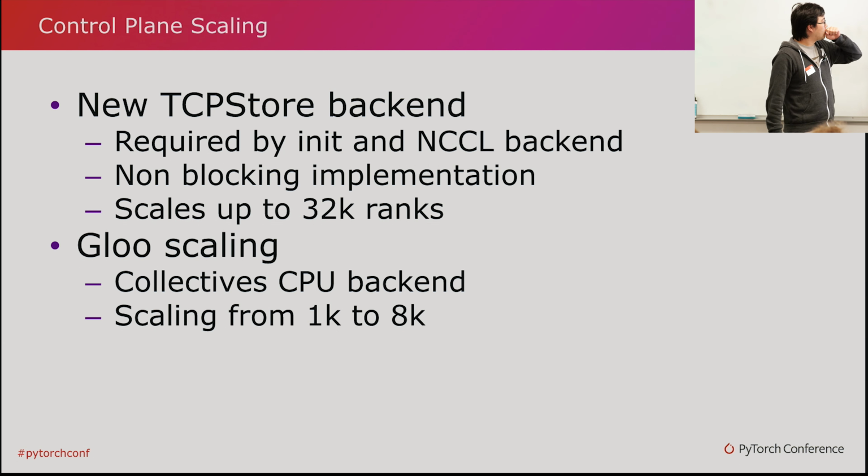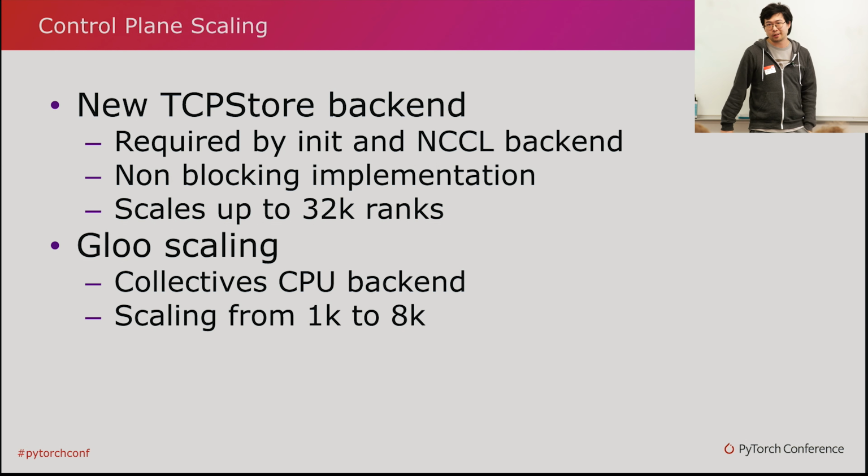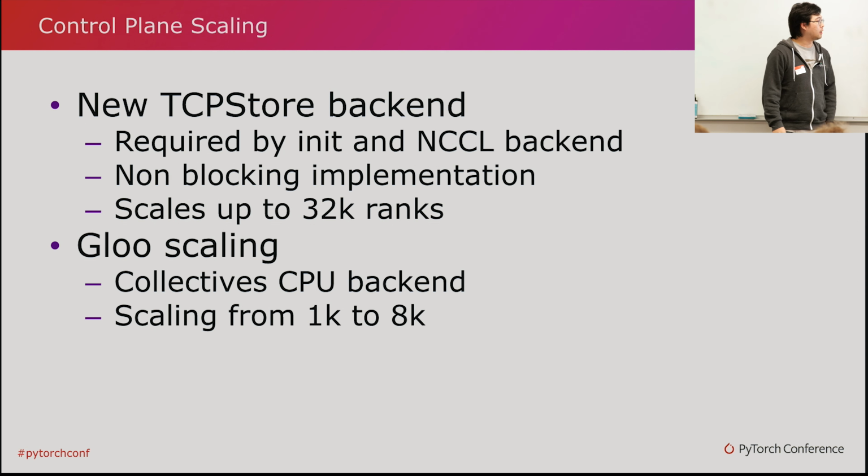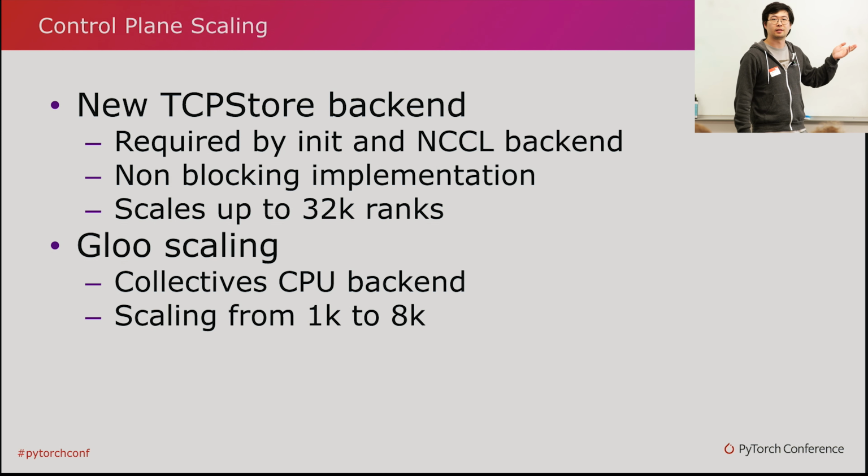So Gloo is the library for PG on CPU. It can be used for distributed checkpointing, and for metadata communication. So it's mainly for the data on the host. And we also have NCCL as the backend for GPU, which is responsible for the data on the device.